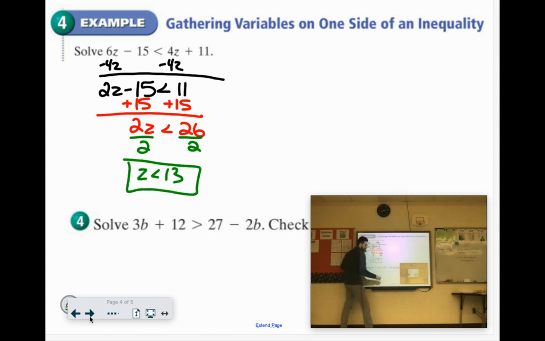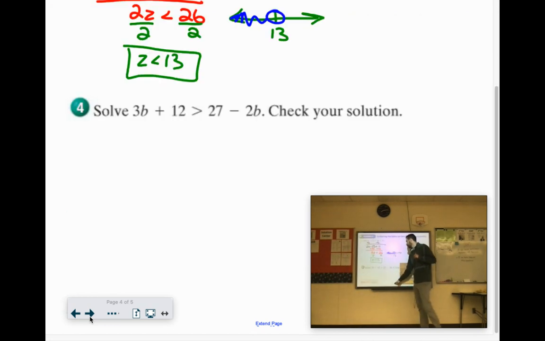Let's graph it. Let's see, less than, so open dot and shade to the left. Great. I'd like you to pause and try this one.